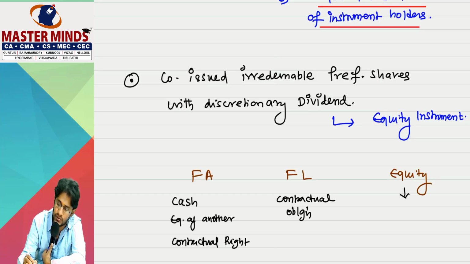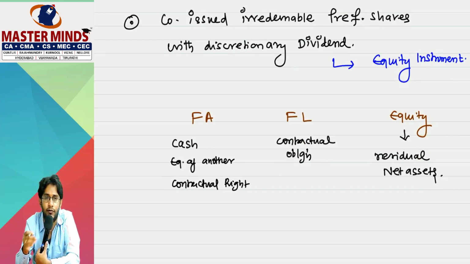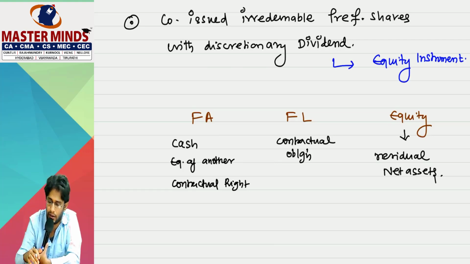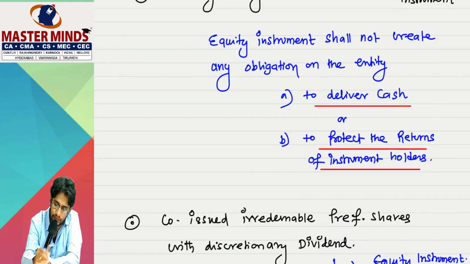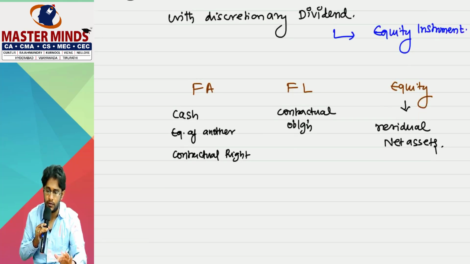Equity is that instrument which gives you a right on the residual interest in the net assets of the entity after paying all the liabilities. Instead of remembering that, you can remember this: to become an equity instrument, you should not create any contractual obligation on the entity to pay cash or to deliver any kind of return. If you create an obligation, you will become a financial liability. So till here clarity is there.